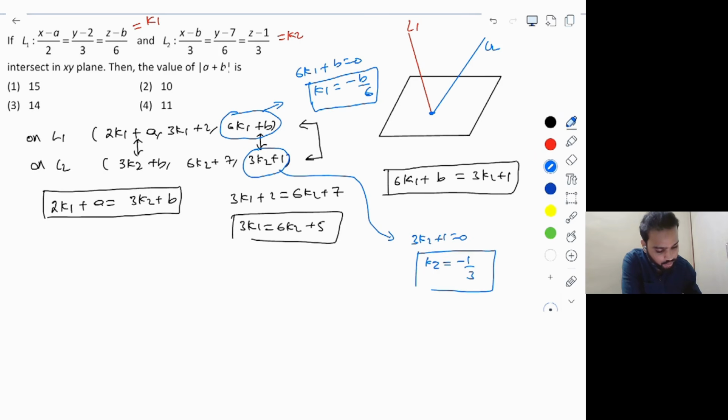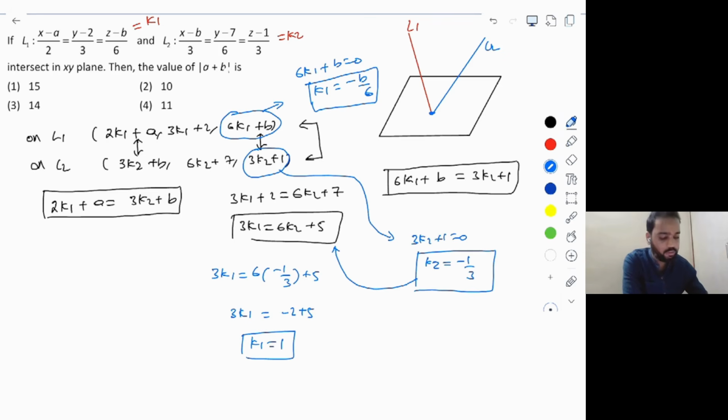Now, since k2 is minus 1 by 3, I'm going to put this k2 value in one of the equations, so that I get the k1 value from there. So 3k1 equals 6 times minus 1 by 3, plus 5. Finally, 3k1 equals minus 2 plus 5, so 3k1 equals 3. So k1 equals 1.